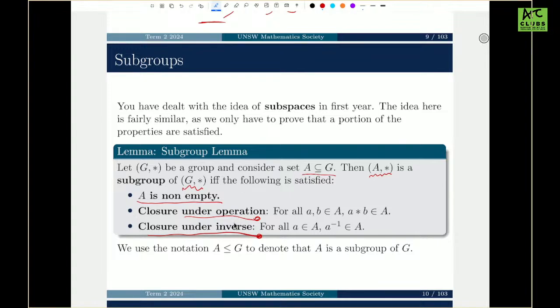If you have some element in there, let's call it a, which we get from it being non-empty, then we can use closure and existence of inverse to say that not only does a inverse exist, but if we multiply it with a, the result is still in A. So this will give us that the identity is there.